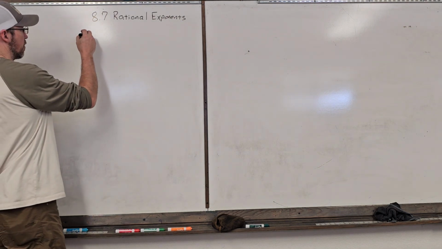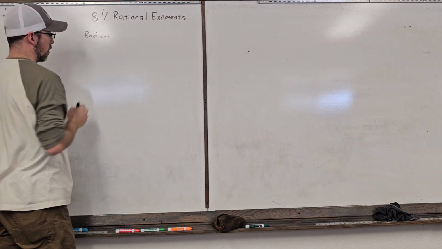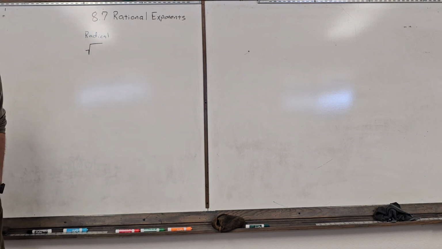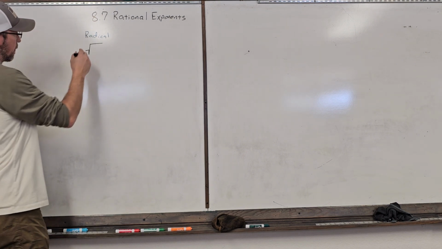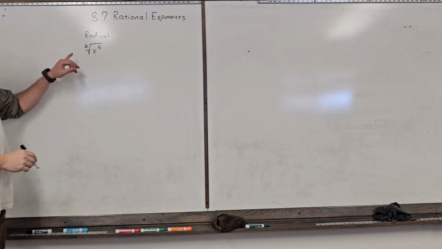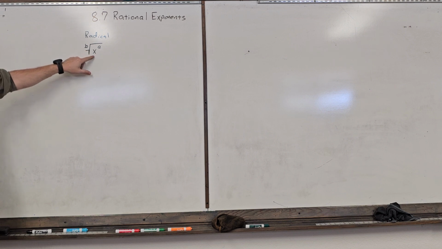So if I have radical notation, that would look something like this: a radical with an index of b and a radicand of x to the a power.